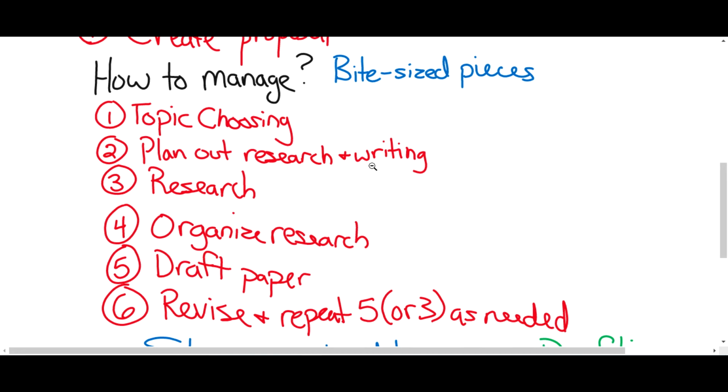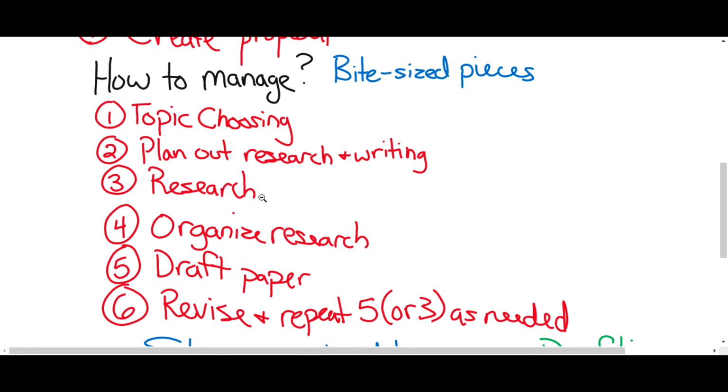Then plan out your research and your writing. This is where you look at your topic and you go, okay, I know this already. This is what I want to find. And you don't just dive into the research blind. You actually think about what things you want to look up. That's why you plan out. This will make this bite-sized pieces, this managing, super easy.